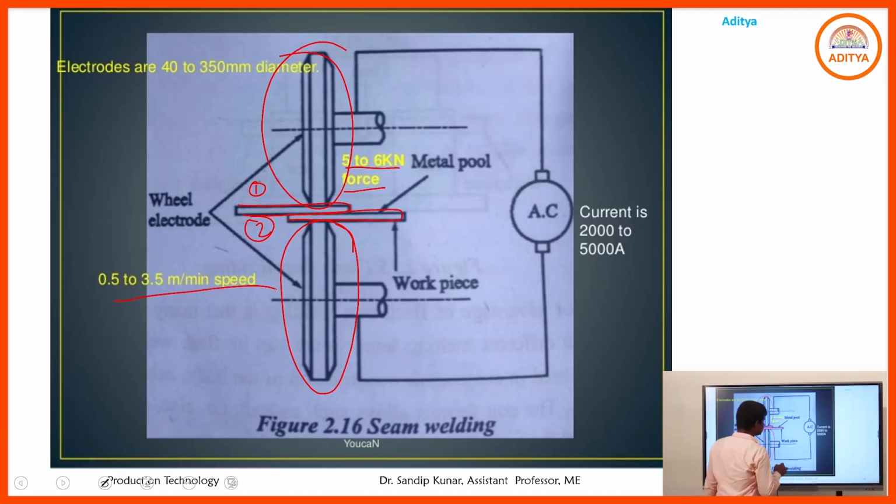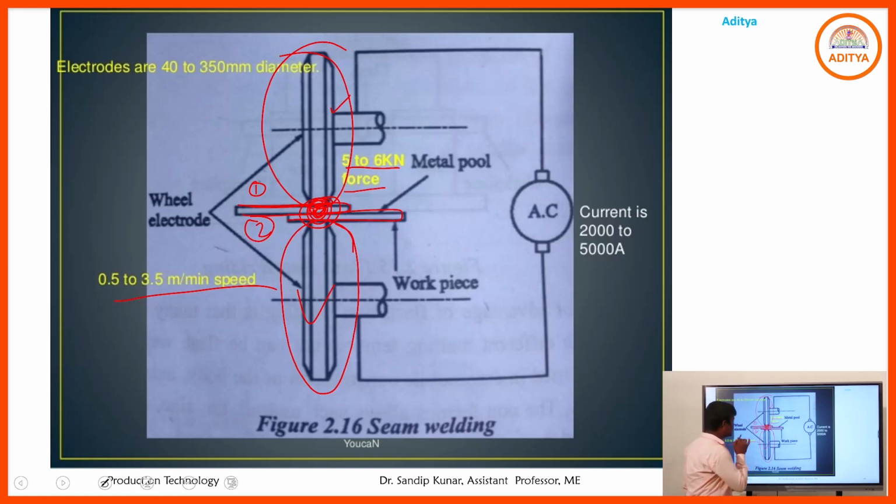When we apply the current through both the electrodes, pressure is created, and due to the continuous supply of current both the plates will be heated and create the nugget zone, which converts to a molten or plastic state.